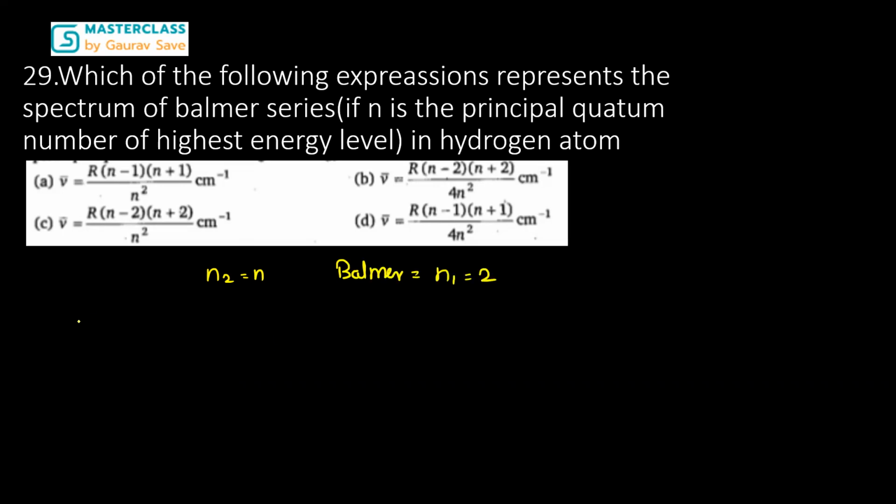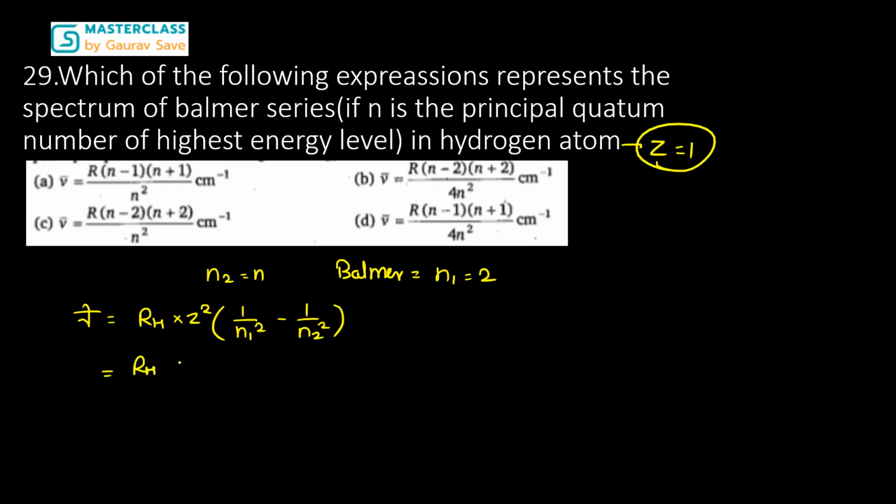What is the formula for frequency, guys? Frequency is equal to RH into z square into 1 upon n1 square minus 1 upon n2 square. Now z for hydrogen atom is 1. So let's put down these values.